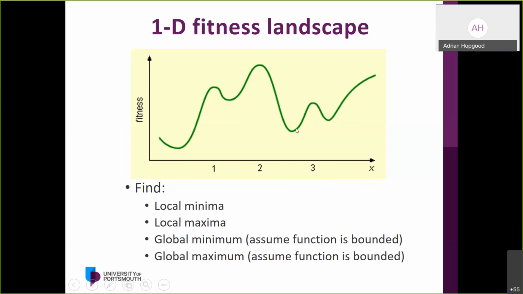Some of these are referred to as local minima because although they are lower than the values around them, there is a more global minimum, assuming that this function is bounded. We're plotting fitness here, so we're normally looking for a maximum. Again, there are some local maxima here, and there is one global maximum, assuming that this is bounded and there's nothing else beyond. And by and large, what you're trying to do with optimization algorithms is find the global maximum of fitness, and what you're trying to avoid is getting stuck in a local maximum, which many search functions tend to do.